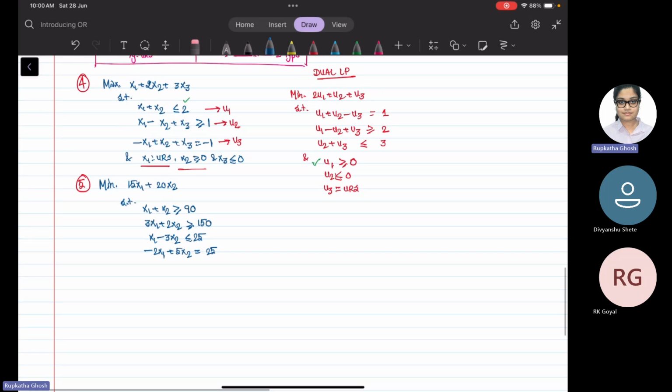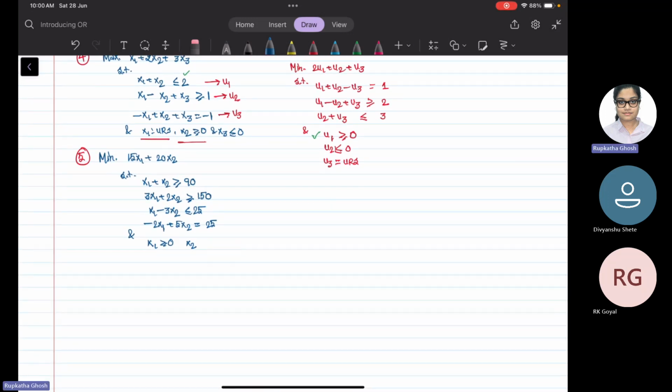Okay. And x1 is also greater than equal to 0 and x2 is less than equal to 0.